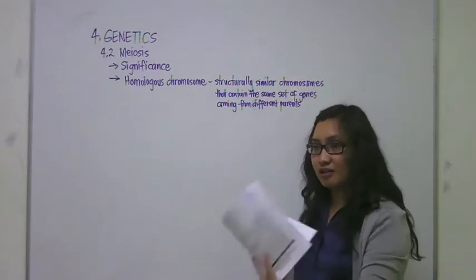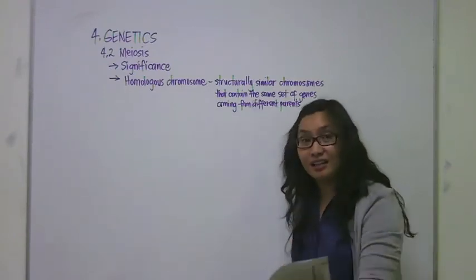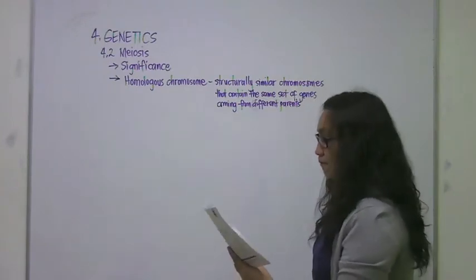So whenever they cross together and are used in fertilization, they get different sets of genes.